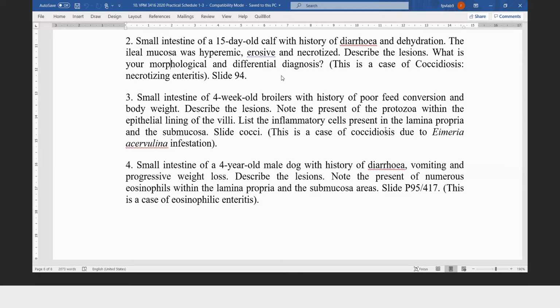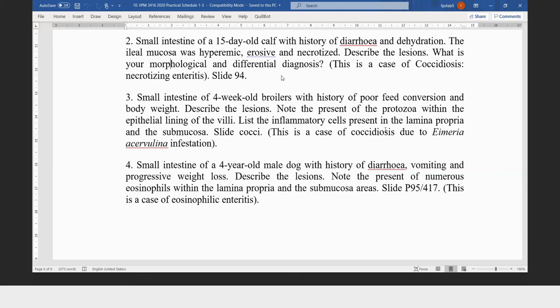And based on that, you're normally asked what is your differential diagnosis, what is the pathogenesis, what are the expected gross and histological lesions, what is the cause of death, what is the mechanism of lesion development. So that is a very common question you might have.